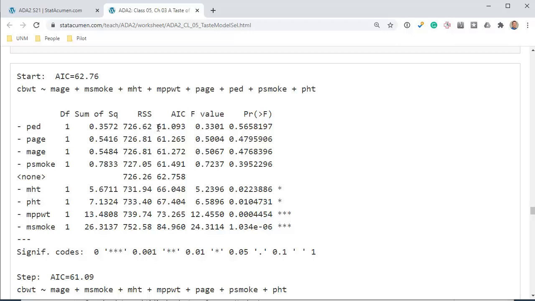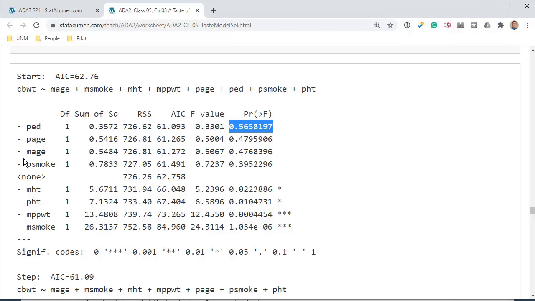The top choice here is the best choice, and this will often correspond with the largest p-value and smallest F statistic. That is, the variable that is the least important or least significant in the model is the one that you can drop.